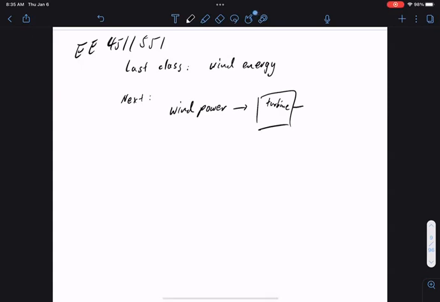So what happens is there'll be some coefficient of performance times the amount of wind power that comes into the turbine. Think of this coefficient of performance as something between, say, 0 and 1. So we get a fraction of the power that comes in.